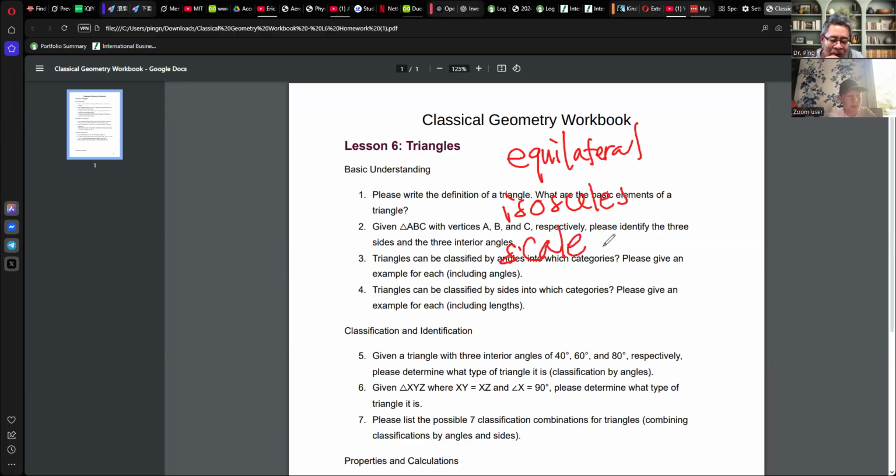Now, we got three based on the side and three based on the angle: acute, right, and obtuse. So normally you would expect altogether 9 different categories, but in reality we only have 7. Why is that?